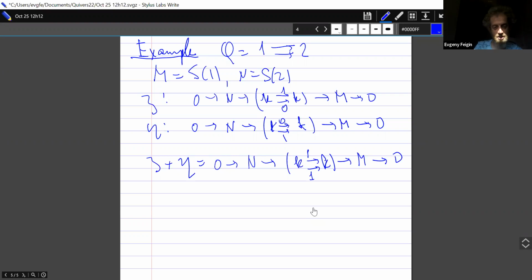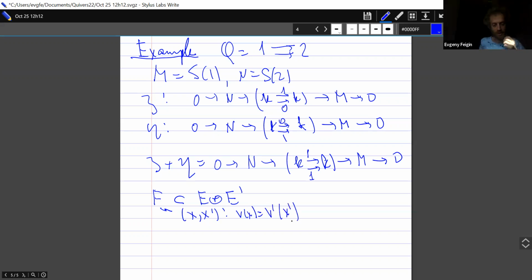So the first question is, what is our F? Recall that F is a subspace in E plus E prime, and this consists of pairs such that V of x equals V prime of x. So how does this Q module look like? Recall that V is here and V prime is here.